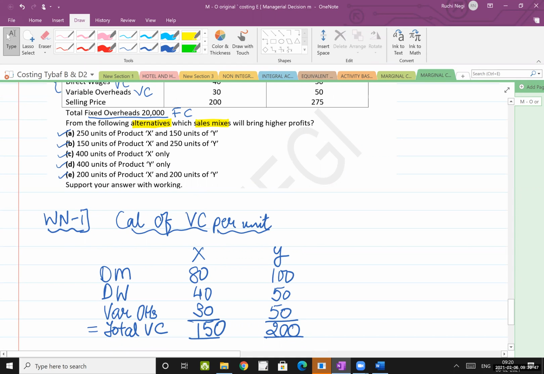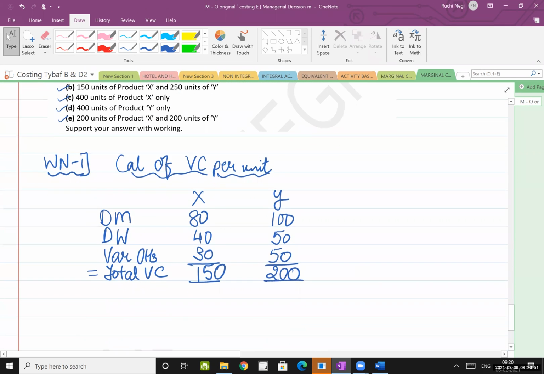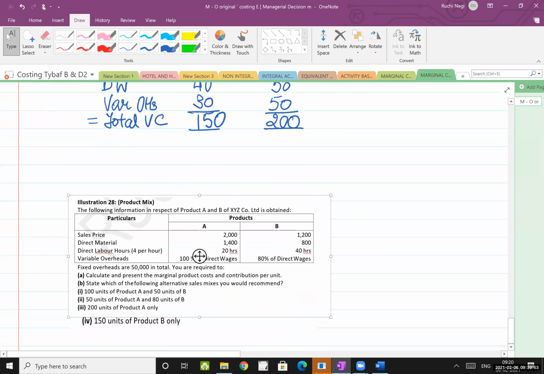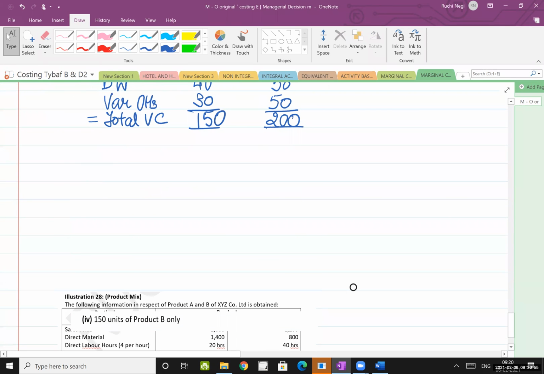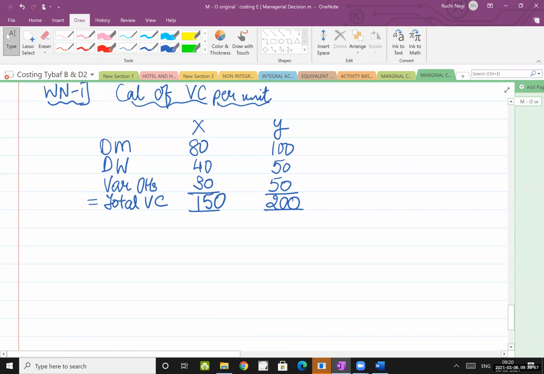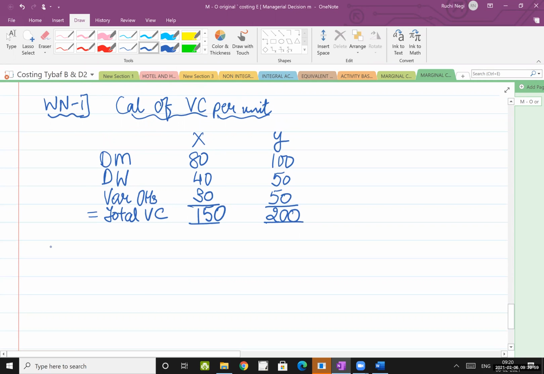Then what do I need? I need contribution per unit to be calculated. So let us do that. That is, you're going to make your marginal cost sheet, but only up to contribution per unit.